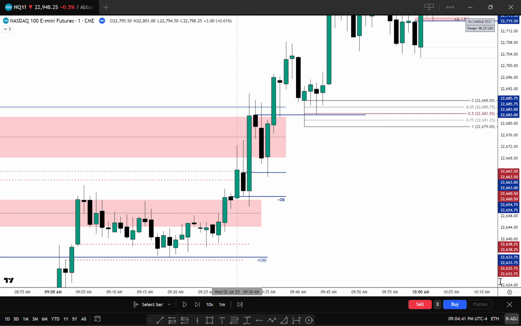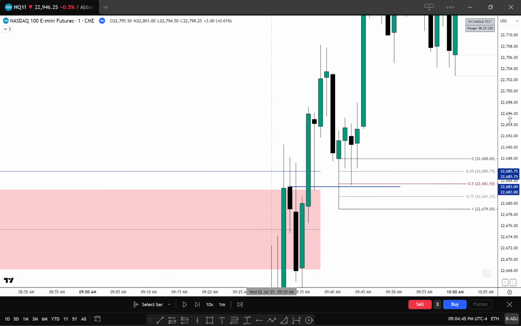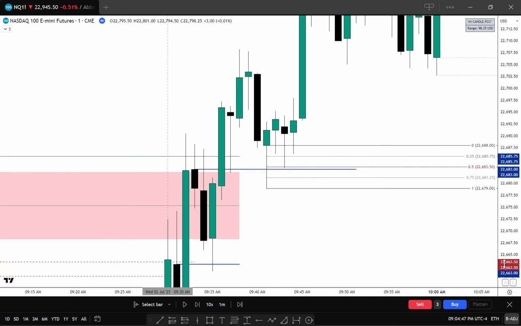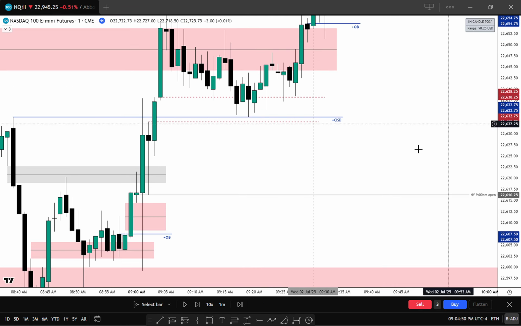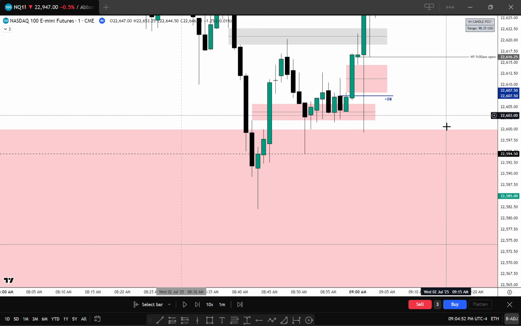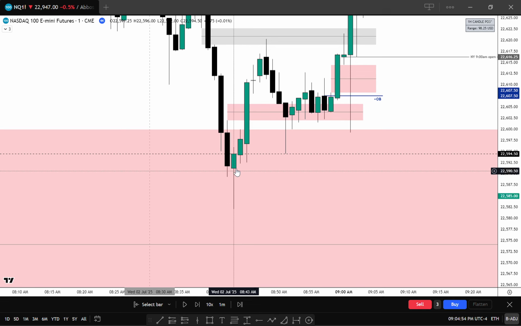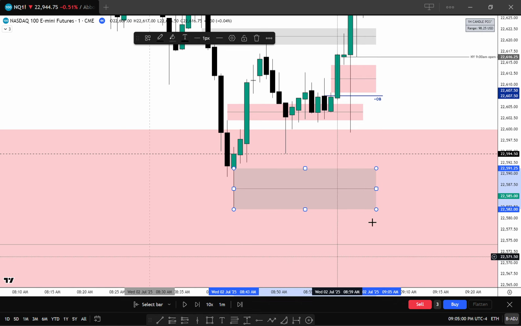Can't we turn the wick into a rejection block for more probable trades, which is liquidity sweep and PD array tap? Yeah, you could say it's a rejection block, but personally, rejection blocks occur for me at external levels, right? So this level is external.